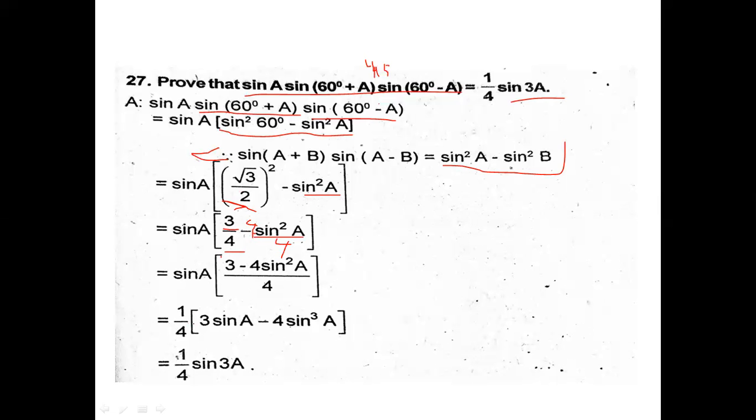Then take 1 by 4 as common, and we get 3 sin a minus 4 sin cube a. This is the formula of sin 3a: sin 3 theta is equal to 3 sin theta minus 4 sin cube theta.